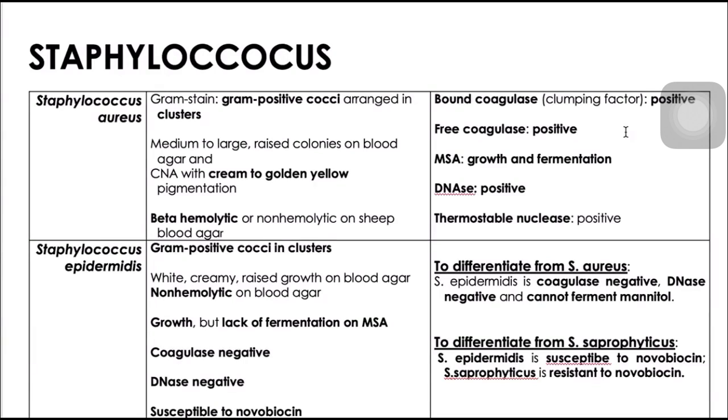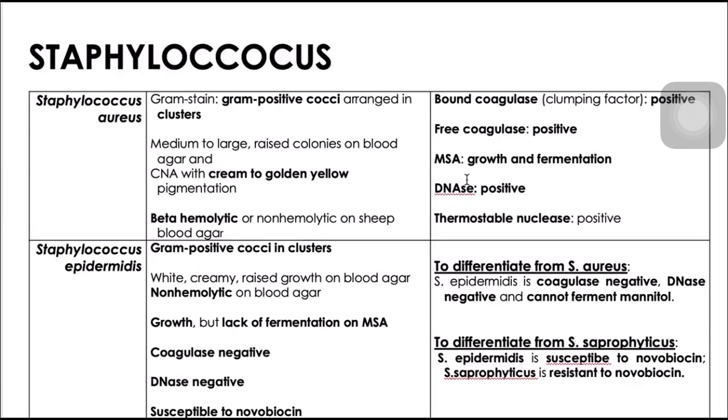Okay? So culture medium for your Staphylococcus is your mannitol salt agar or MSA, wherein MSA is both selective and differential culture medium. As a selective culture medium, it uses 7.5% NaCl that will only allow the growth of your Staphylococcus.